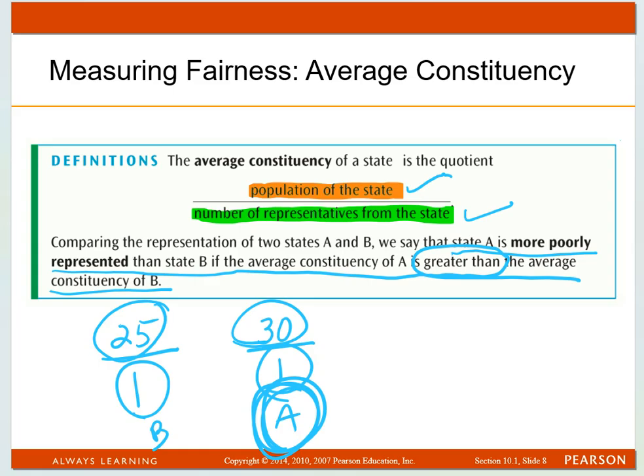Those students are more poorly represented because their teacher has to divide herself up amongst a whole bunch of people.